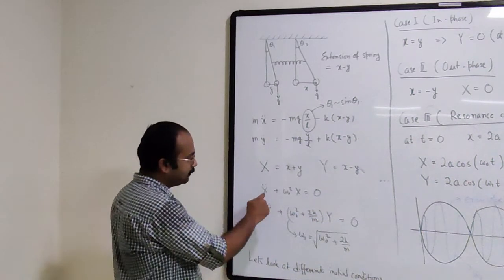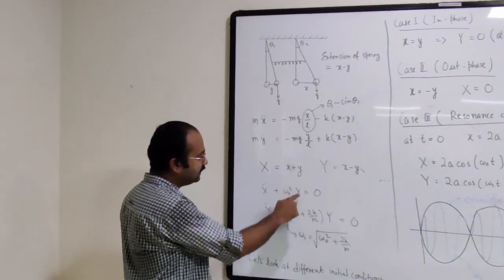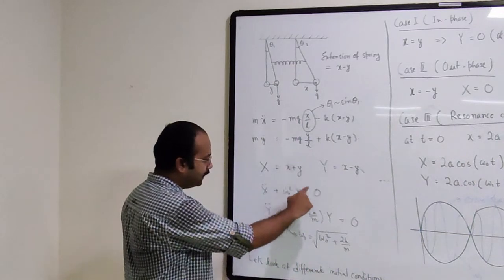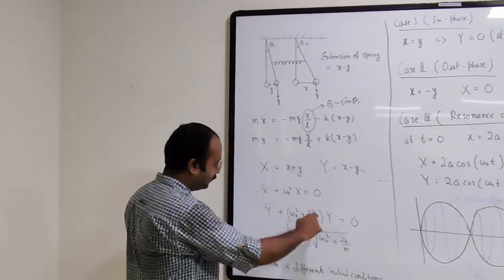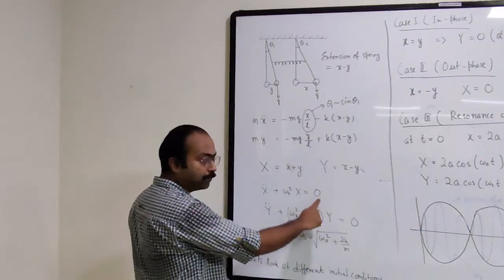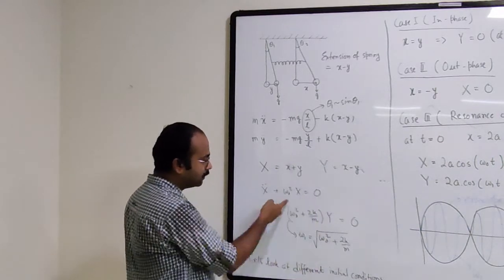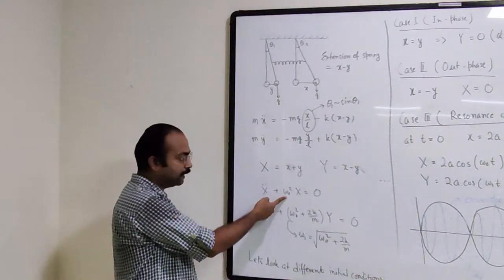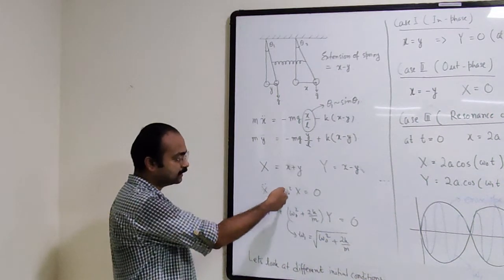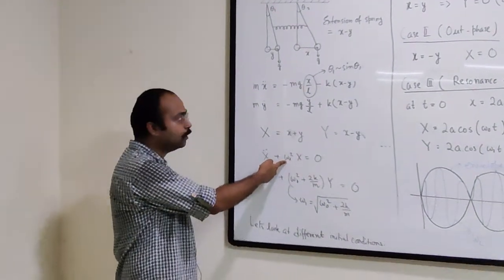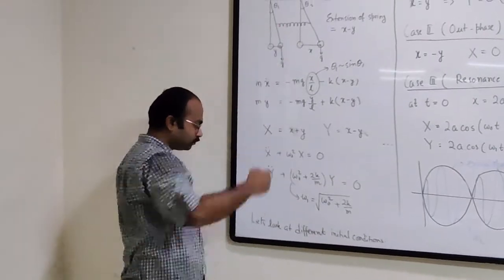Now you see that there is no mixing of variables. There is no big Y here, there is no big X here. So this is a simple harmonic oscillation in its own right, oscillating with frequency omega naught. This omega naught is essentially just the natural frequency of oscillation when you do not have any spring.